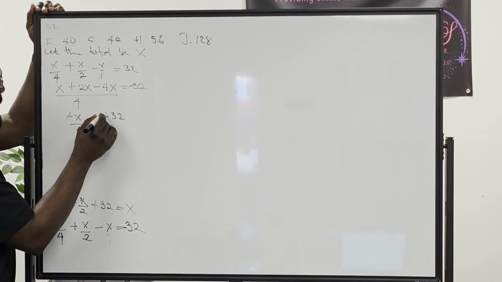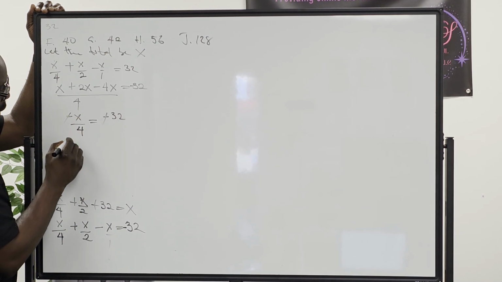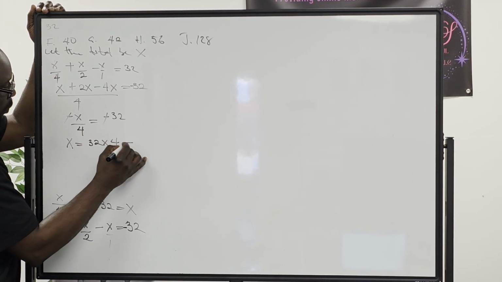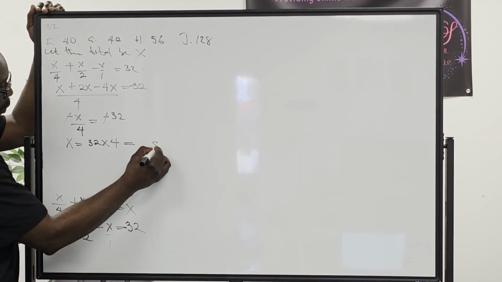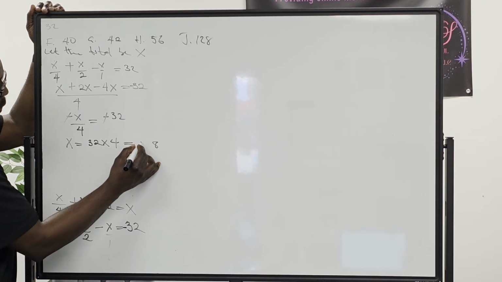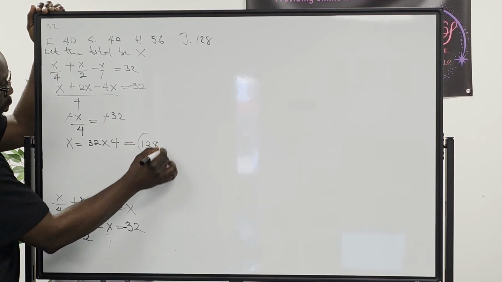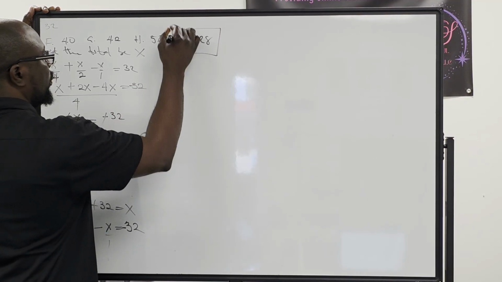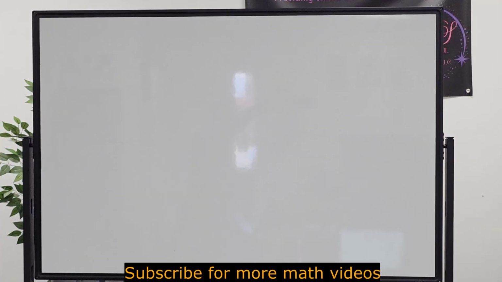So the minus cancel out. So your x is equal to 32 times 4. And that gives us 4 times 2 is 8, 4 times 3 is 12. So the answer is 128. So that would be option J. 128.